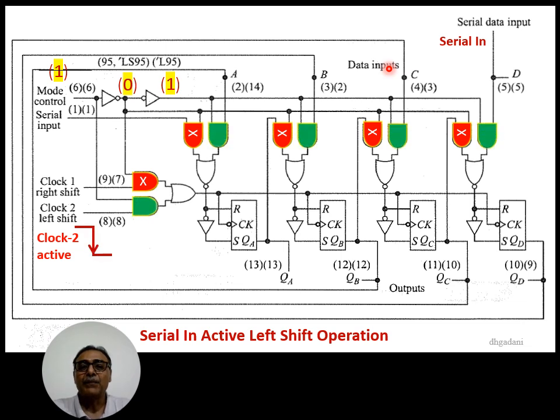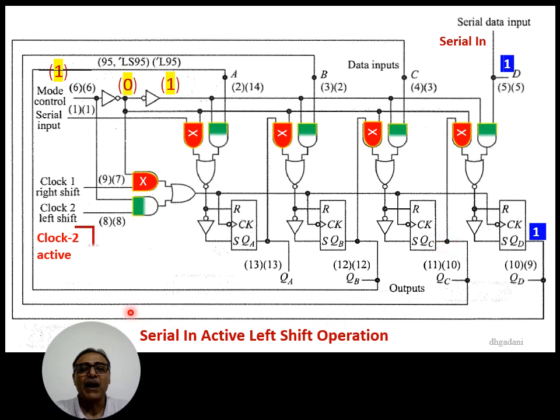So for example, if we apply high voltage 1 at pin D, then as soon as we apply clock 2, this 1 will appear at QD. Now this 1 will behave as input to pin C. So whenever we apply the next clock pulse, it will appear at QC.